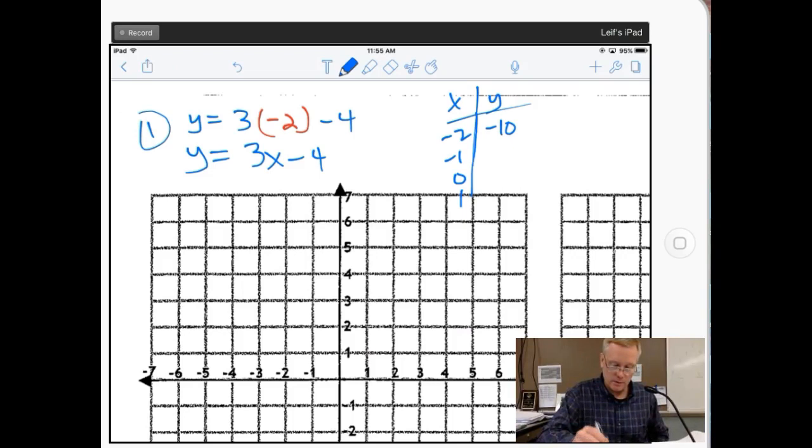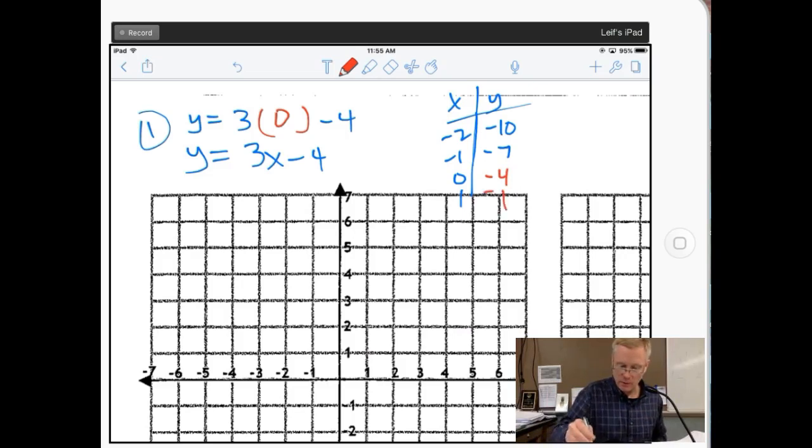If I change that -2 to a -1, I get -3 and -4 is -7. If I change it to 0, 0 is my favorite one to work with because when you multiply by 0, you get 0. So 0 minus 4 is -4. And if I plug in 1, I get 3 minus 4 is -1.